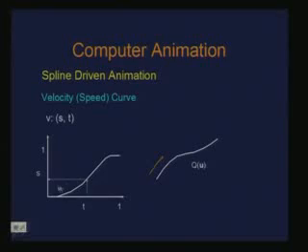Let's say, but what if we want non-uniform speed? As we had seen before, let's say there is some sort of a notion of a velocity or speed curve, which actually relates s and t. t is some parameter which is, let's say, your timeline, and s is a positional parameter.